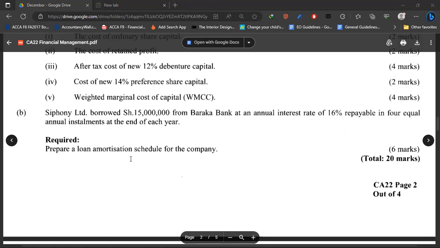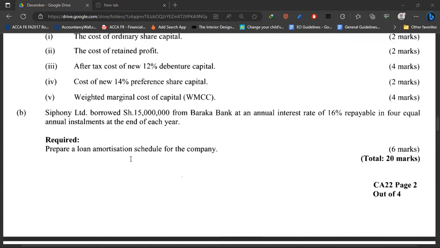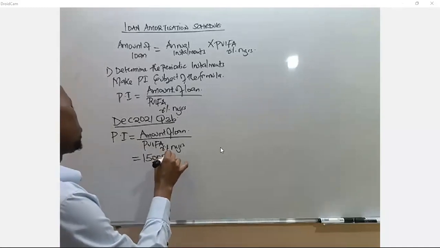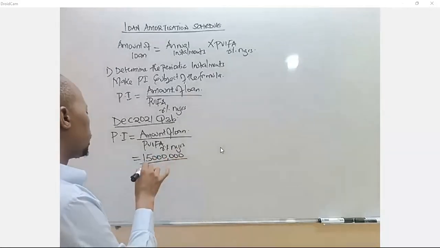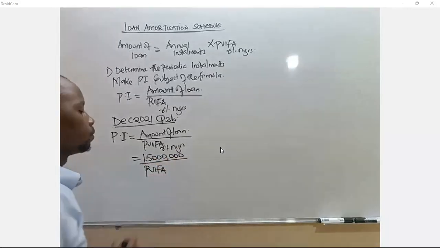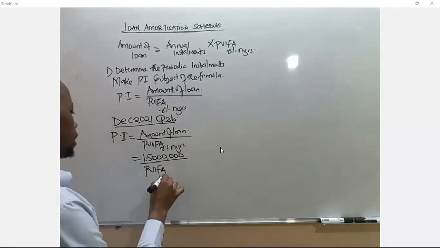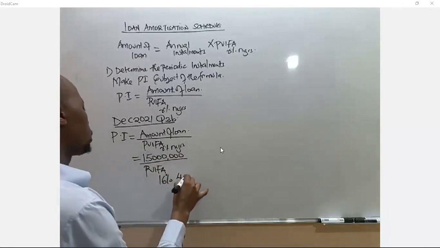So in this scenario, when I'm given this kind of question, I need first to write my formula. We have said the first thing is to determine the periodic installments. So what is our amount of loan? The amount the company is borrowing is 15 million. We divide by the present value interest factor annuity. The rate given in the question is 16%, 4 years.